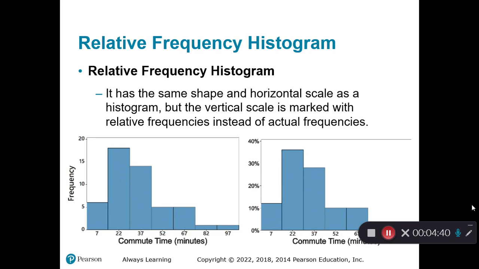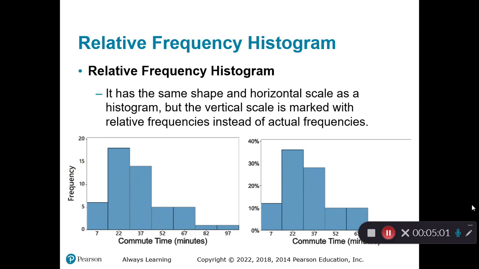Now the second histogram on the same page looks almost identical to the first. In fact, those bars are identical. The only thing that has changed is how we label the y-axis or the vertical scale. Notice that instead of frequencies, which are counts, we now have percentages.